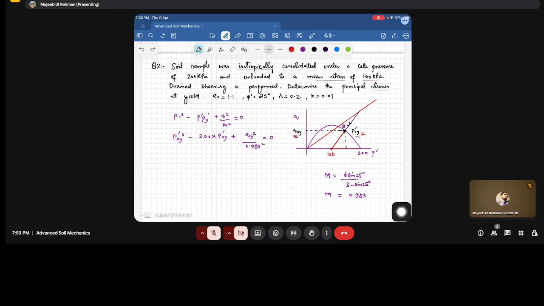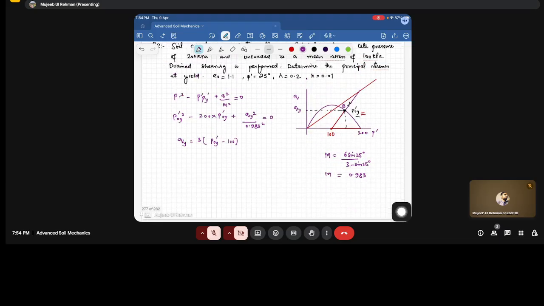So we can write qy is equivalent to 3 times p naught y' minus 100.